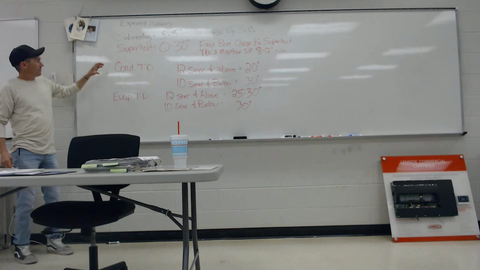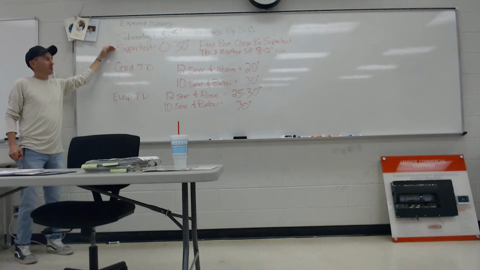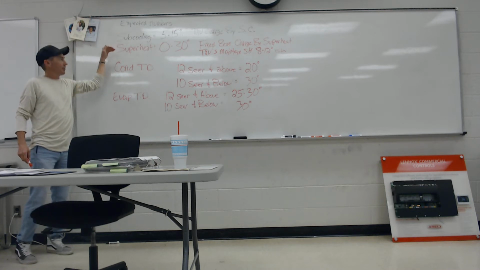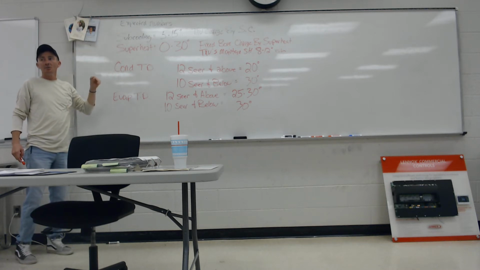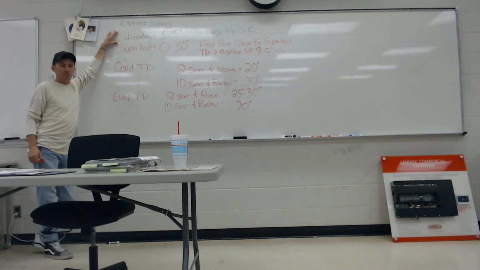If you have a flooded condenser, let me throw this one at you real quick. Flooded condenser, starved evaporator. Let's say you had really high subcooling and really high superheat. If you have high subcooling, what shape is your condenser in? Normal, starved, or flooded?